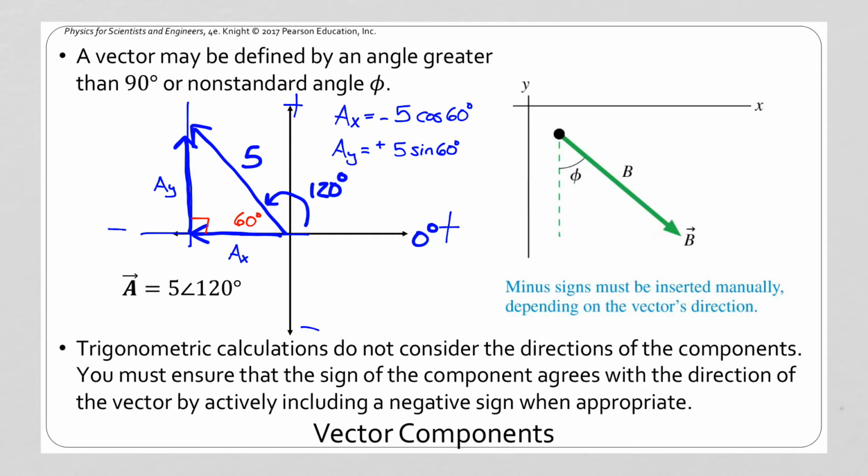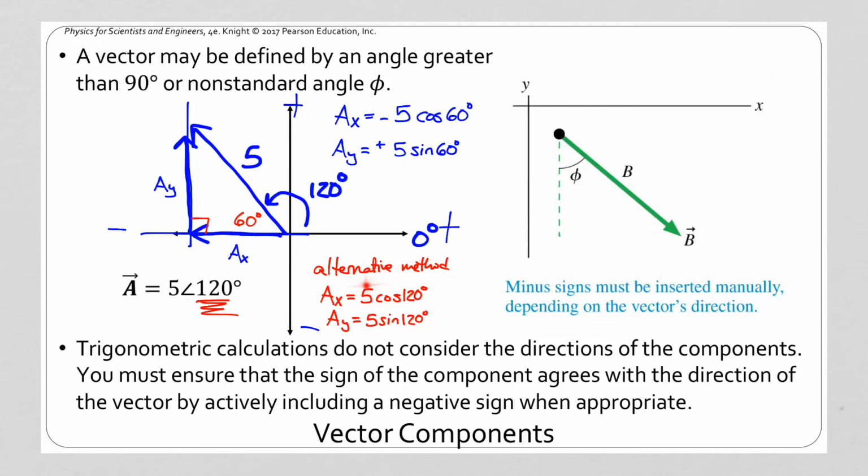An alternative way to do this is that when you use the angles in standard form, the plus or minus is built into the definition of the sine or cosine. So if you wish, you can also say the x component would be 5 cosine 120 degrees, and AY would be 5 sine of 120 degrees.